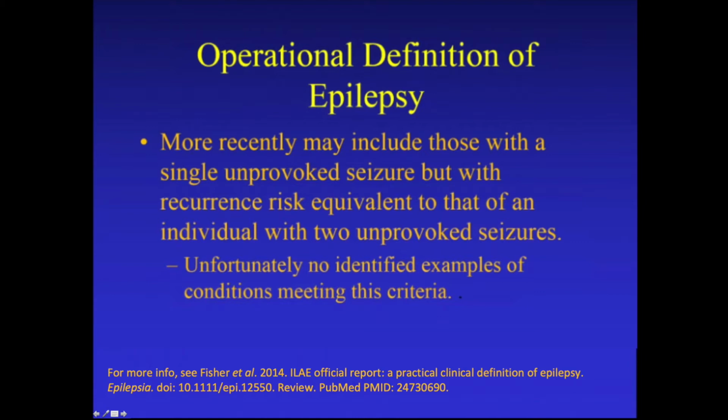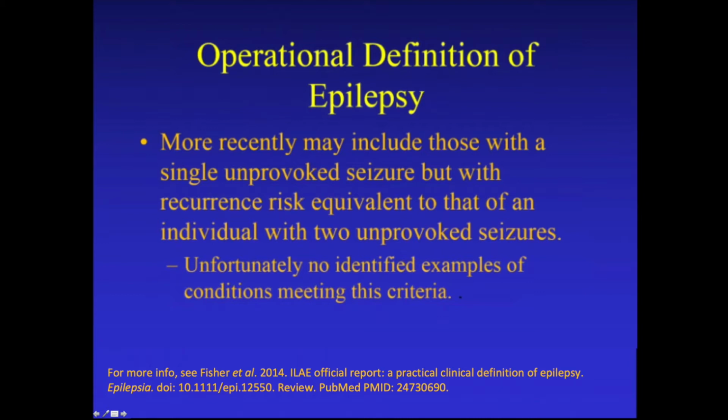Unfortunately, to my knowledge, there are no clear indicators of events that reached that level of risk. Now, in that report, they recommended using the lower confidence intervals of the risk, which is about 60%.